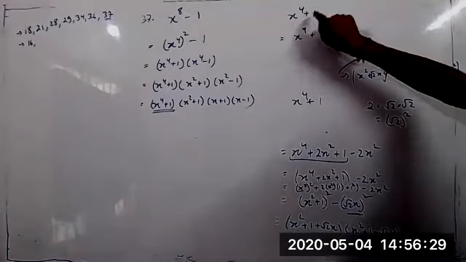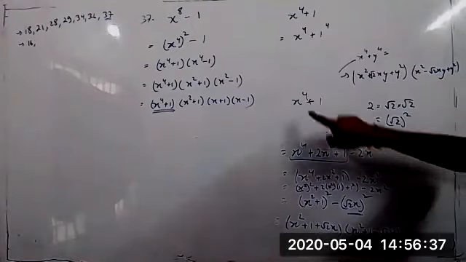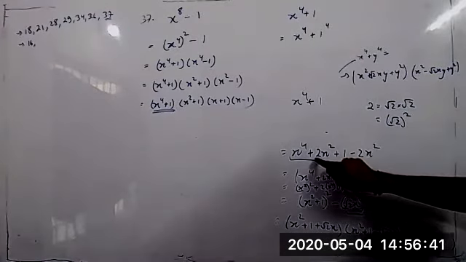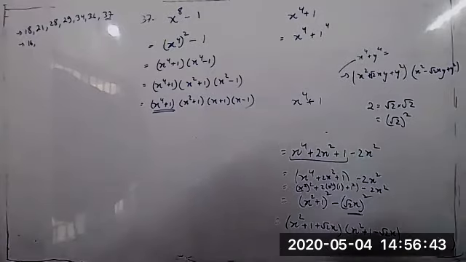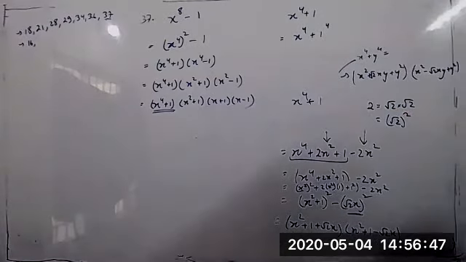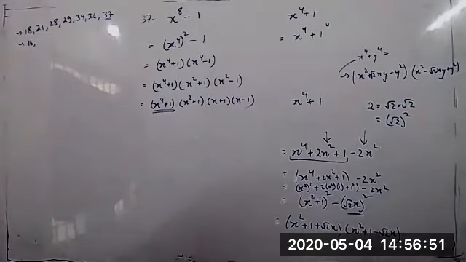X to the power 4 plus 1. This we have to factorize. We can write x to the power 4 plus 1 as x to the power 4 plus 1 plus 2x square minus 2x square. I'm introducing this term and this term. I'm adding 2x square and I'm subtracting 2x square. Any doubt till this place?